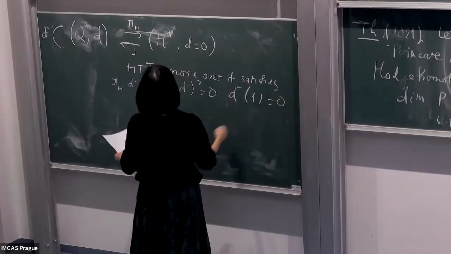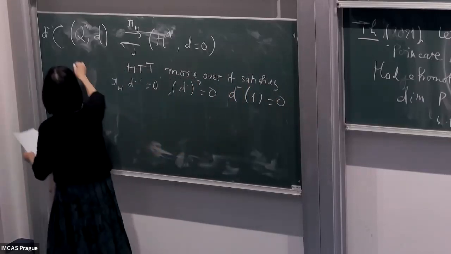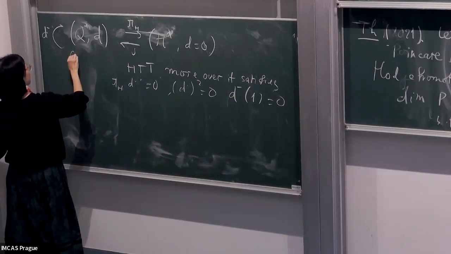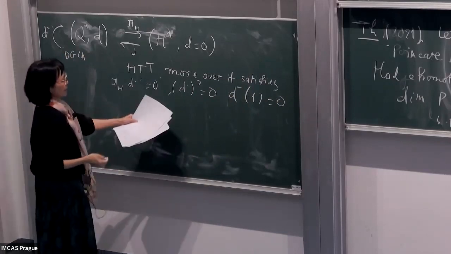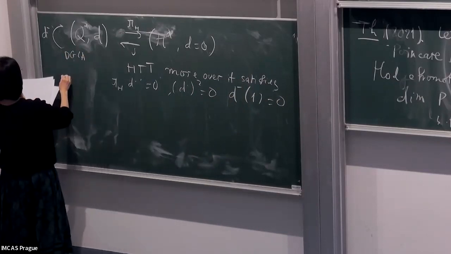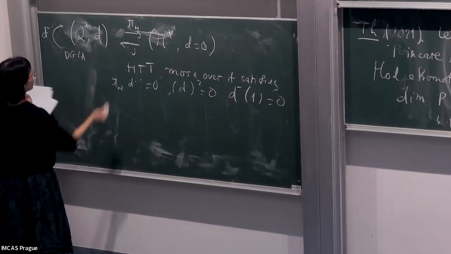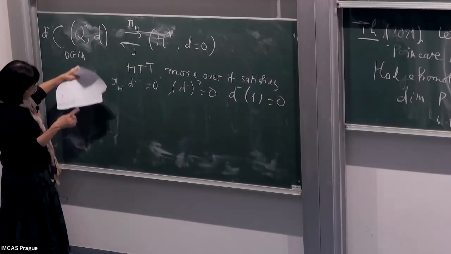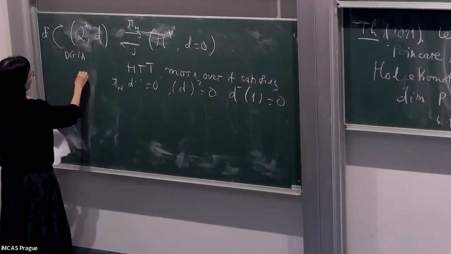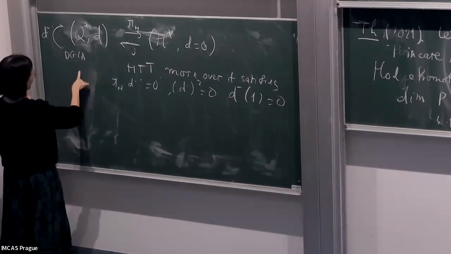Notice that a differential graded commutative algebra has a unit, and this unit is the unit element of the commutative algebra with multiplication.